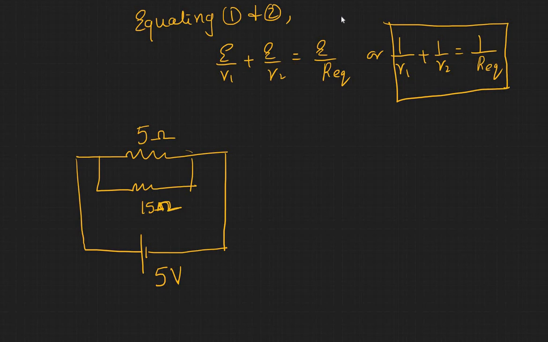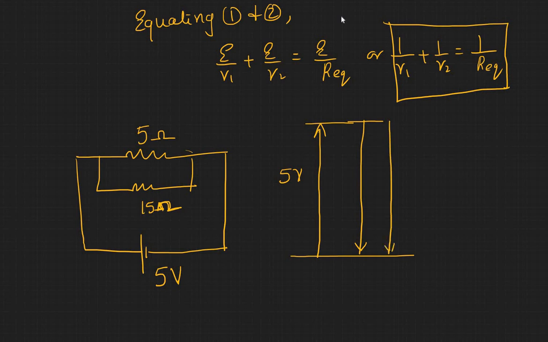So what do we do? First, let's draw the potential diagram. That should be the first thing we should do. So that's 5 volts, and the drop for both R1 and R2 will be equal to 5 volts. This is your R1 and this is your R2.